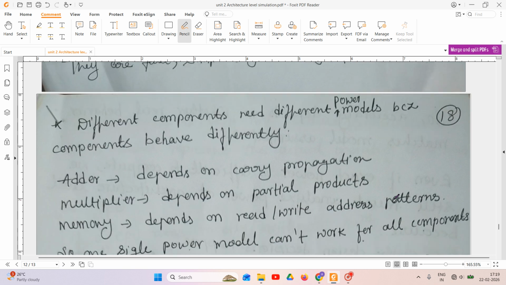For example, the adder performs addition operations, and if there is any carry, I have to pass it to the next MSB bit. So in adders, it depends on carry propagation. In multipliers, it depends on partial products. In memory, it depends on read and write address patterns. So I can't use a single power model for different components or blocks, isn't it?